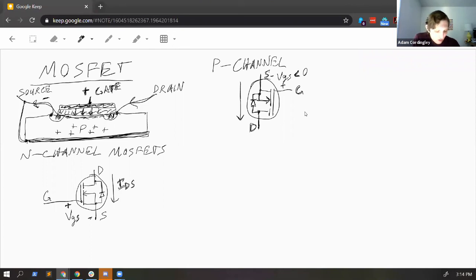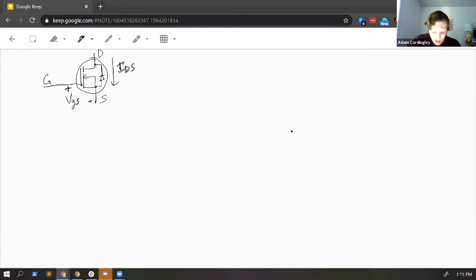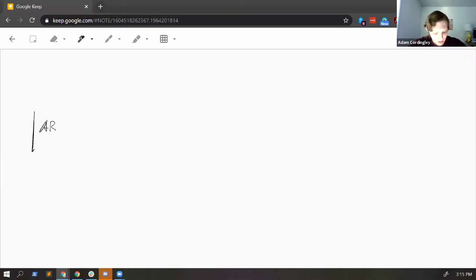So those are our MOSFETs. So MOSFETs also can act as a switch, just like with our BJT. So let's say again, I'm gonna have a little setup where I've got an Arduino and I have some kind of load. This goes up to VCC.